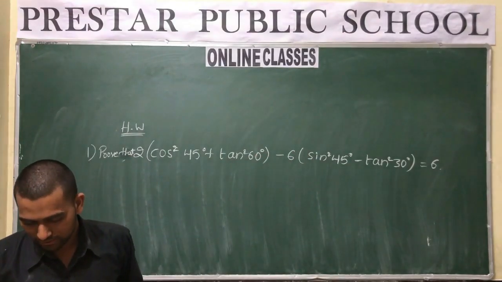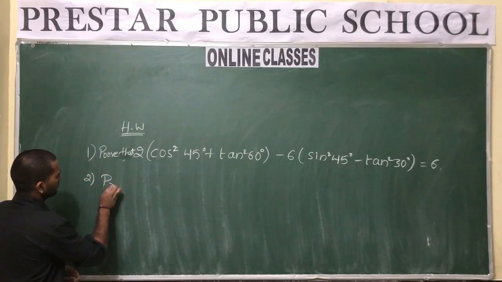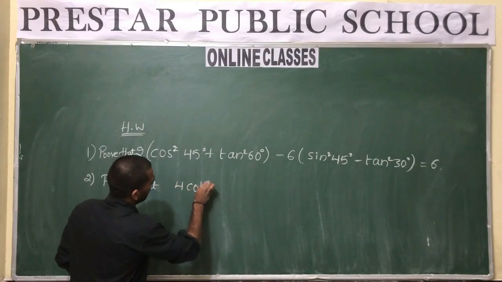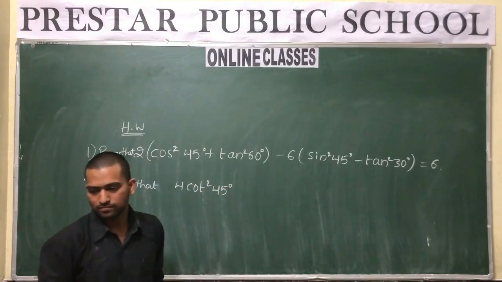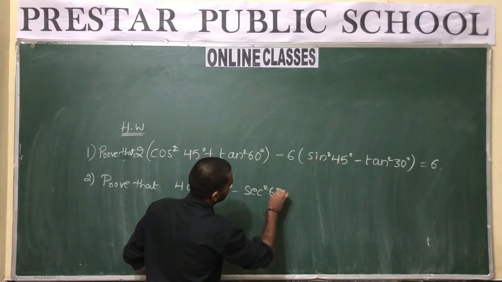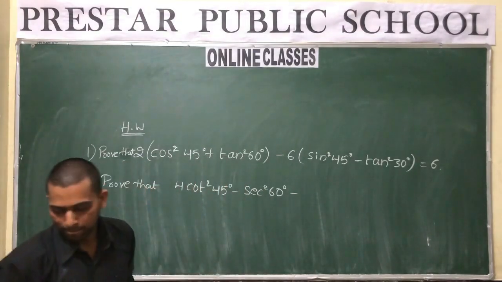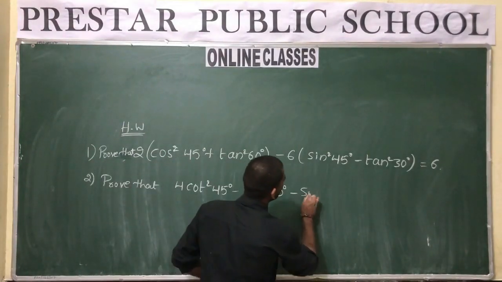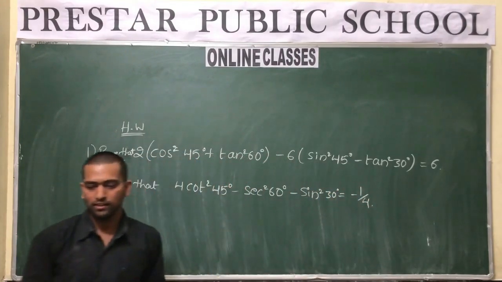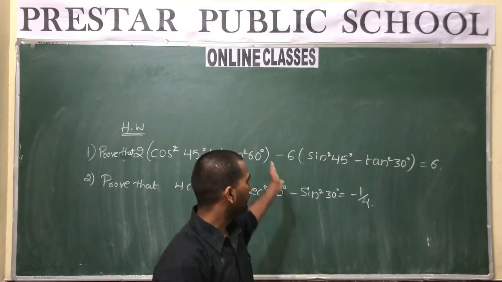The next problem as homework: prove that 4 cot square 45 minus secant square 60 minus sin square 30 is equal to minus 1 upon 4. Okay, just solve these problems.